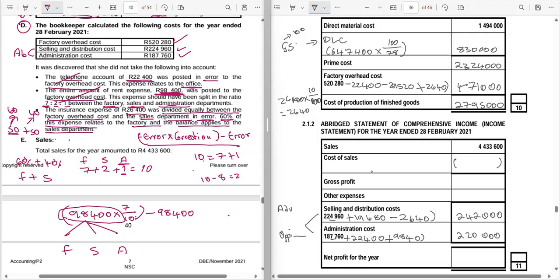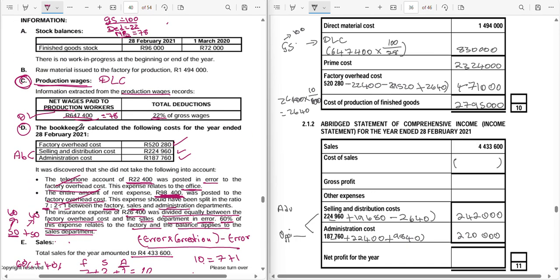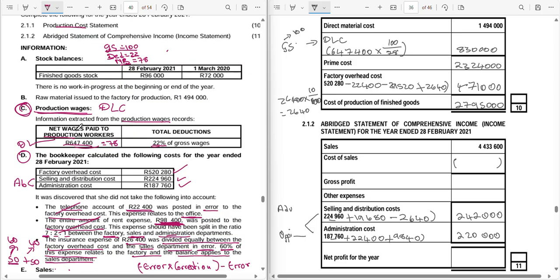All right, so let's check. This is very simple, guys. To get your cost of sales here, we have this information here of sales. They gave us sales and they recorded it for us there. So this is the formula that you are going to use. You are going to take your finished goods stock at the beginning. I want you to hear me very well. Open a bracket.